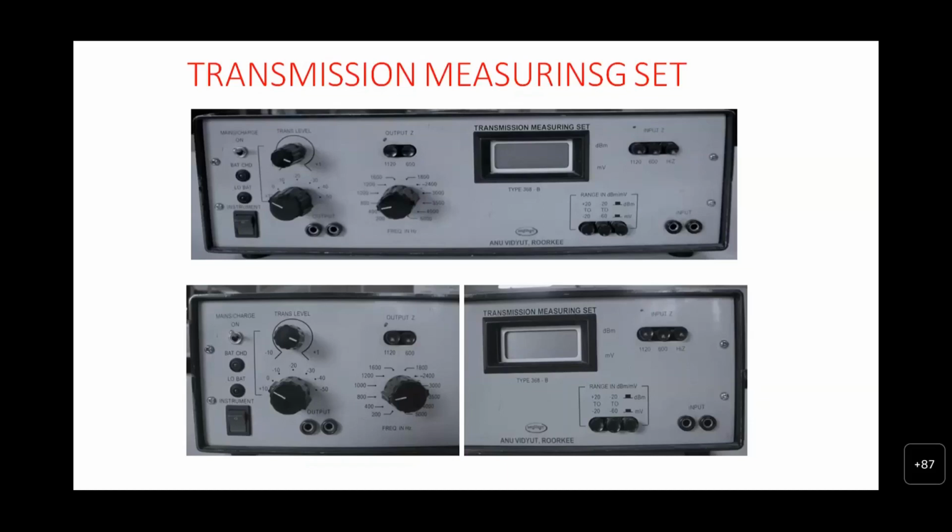The TMS kit is generally divided into two sections. One is the oscillator section, another is a power level measuring unit that I have indicated in the photo. So here the frequency can be selected with this knob, the frequency knob, and if any level is to be adjusted, the 0 dB level is adjusted with the knob.